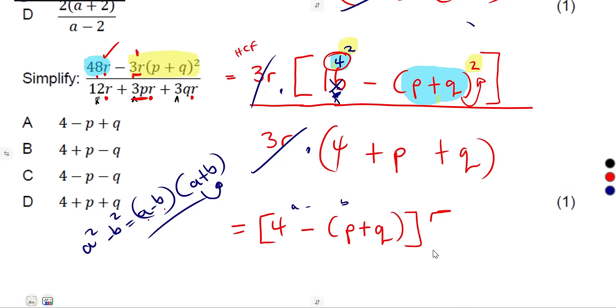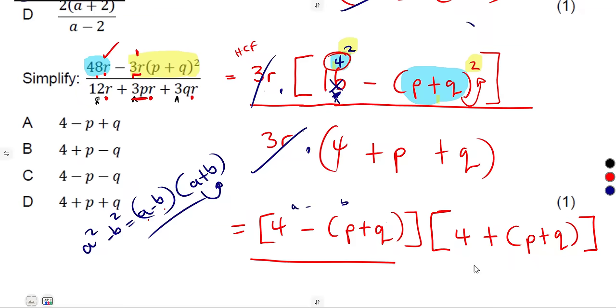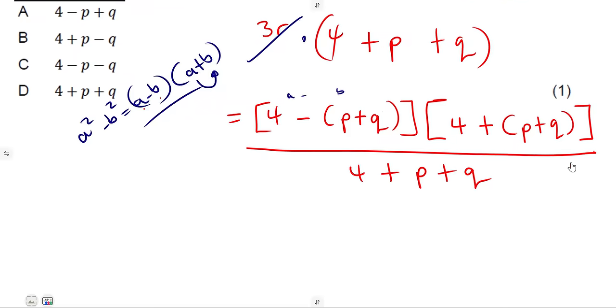So another bracket, our A, which is 4, plus our B, the bracket, P plus Q. Everything over our denominator, 4 plus P plus Q. Guys, by just looking into this, we can see that this one is an addition throughout.